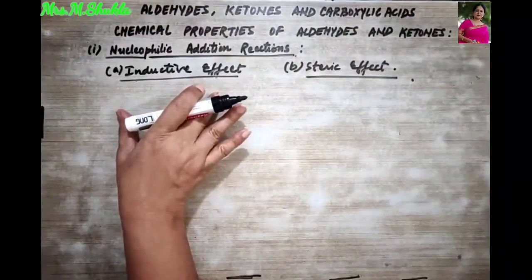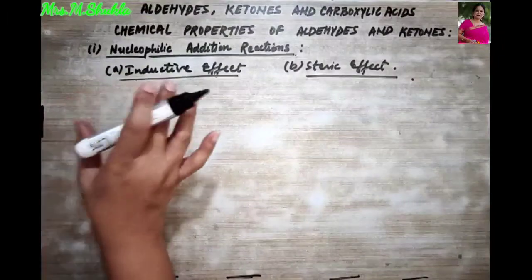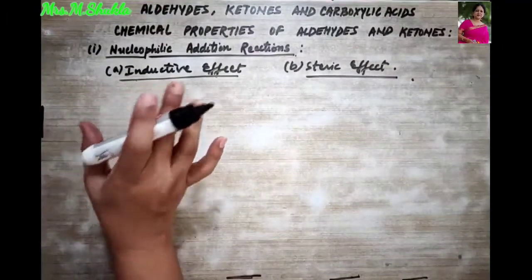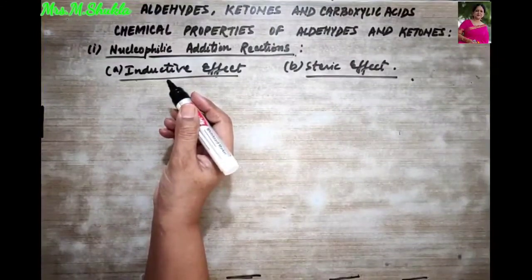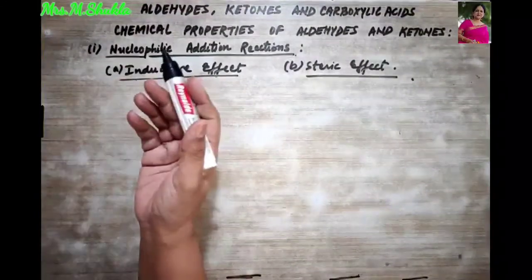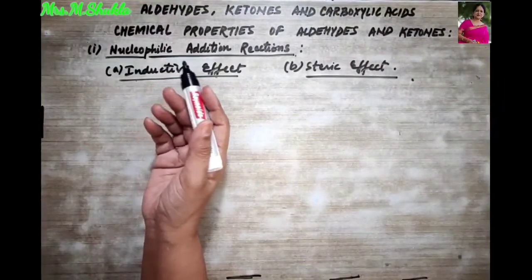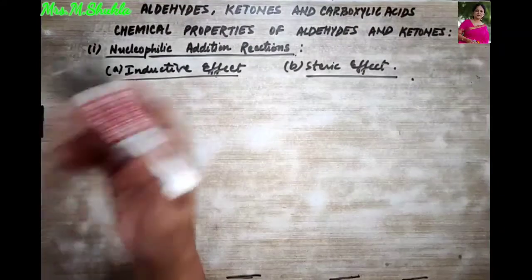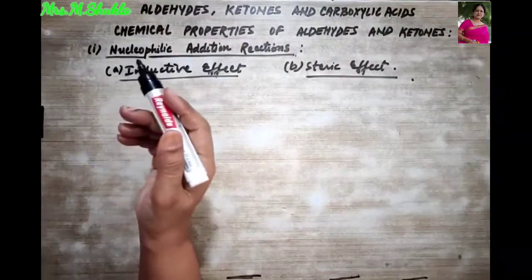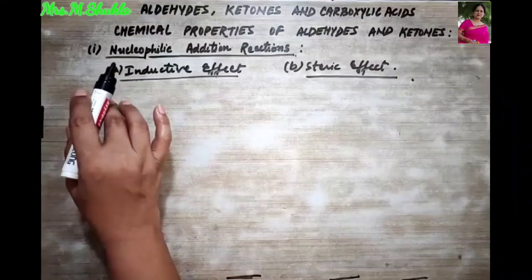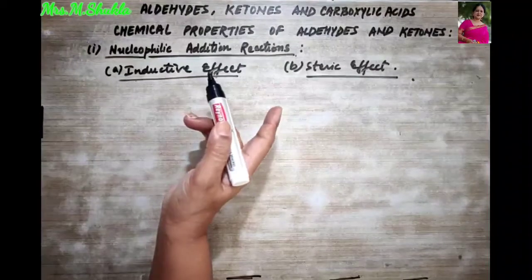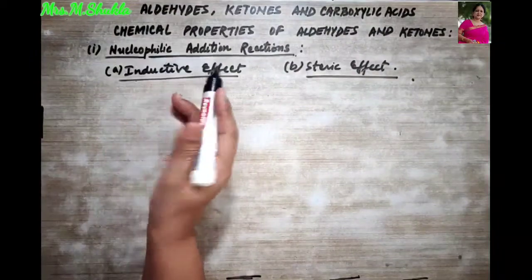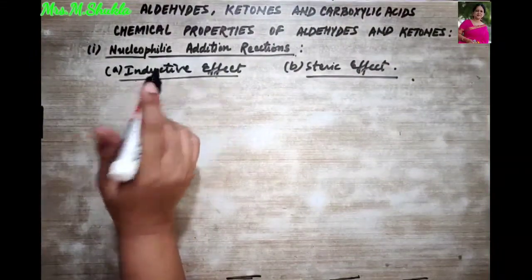Let us understand this. Since an alkyl group has electron donating nature due to its plus I effect, right? Greater the number of alkyl groups attached to the carbonyl group, greater is the electron density on the carbonyl, and thus it lowers the attack of the nucleophile, and hence the reactivity will decrease, right?